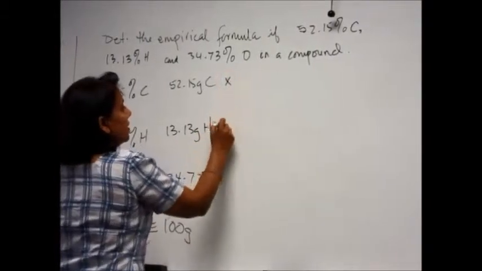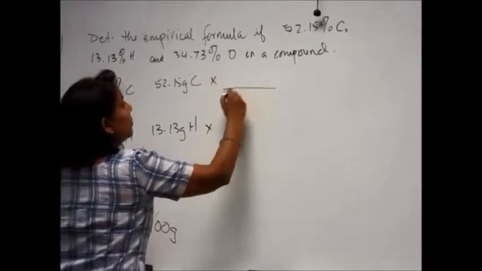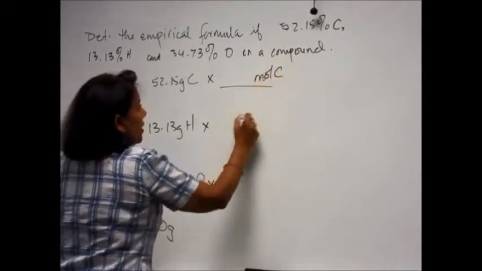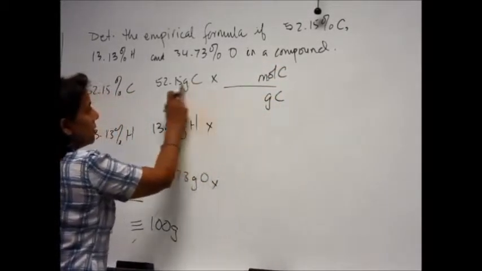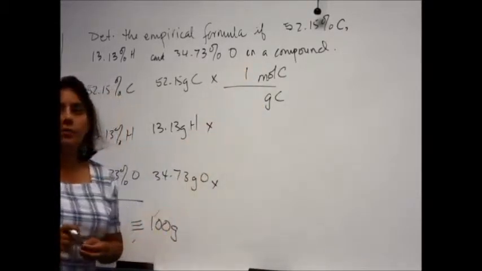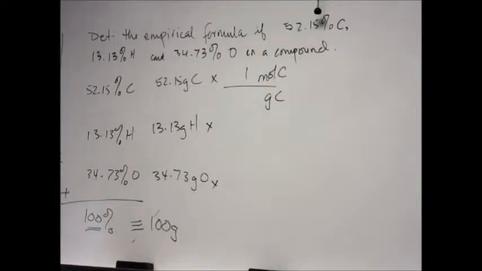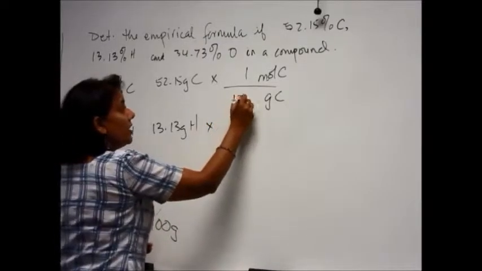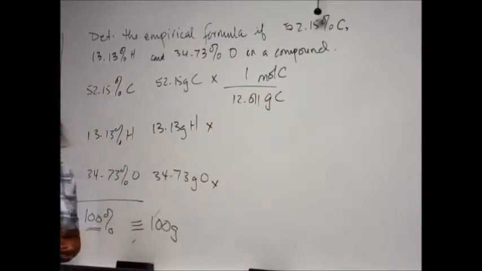So I need to convert all of these into moles. So moles of carbon and grams of carbon. My grams of carbon goes down here. And in 1 mole of carbon, how many grams do I have of carbon? 12.011, right?